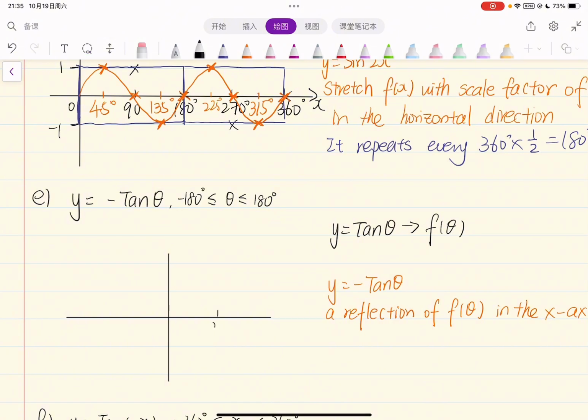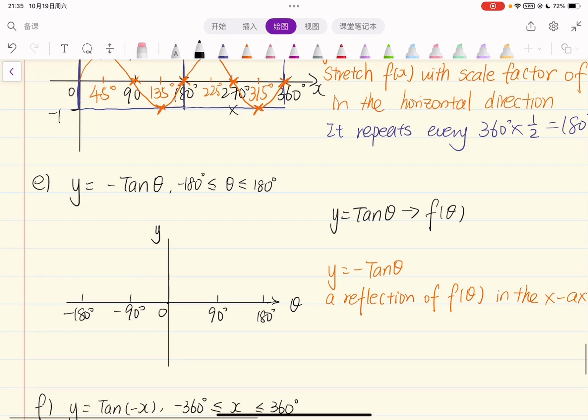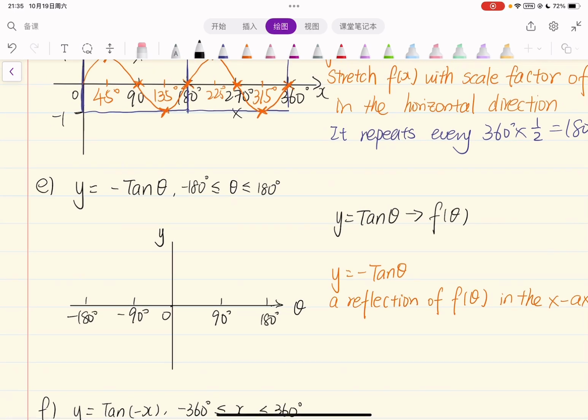We have 90 degrees, 180 degrees, negative 90 degrees, negative 180 degrees, 0, y, theta. So the asymptotes for y equals tangent theta are theta equals 90 degrees and negative 90 degrees. Then you can draw the graph. Like that.